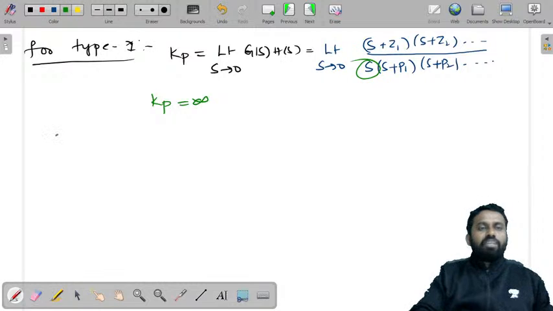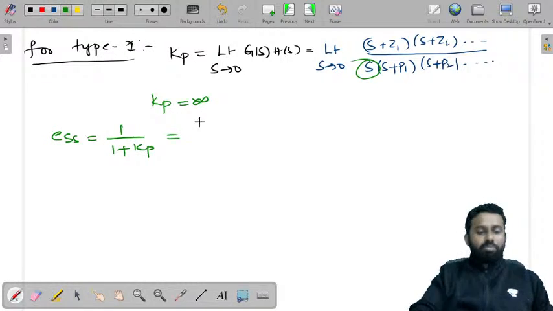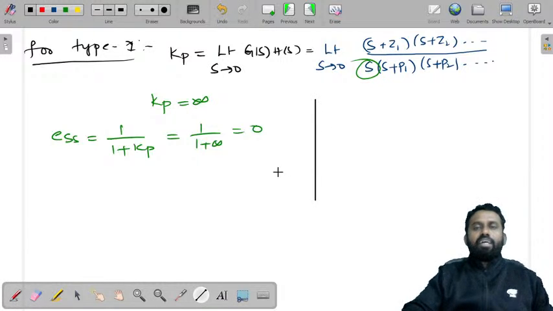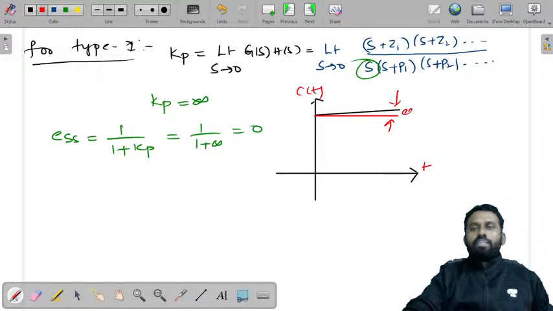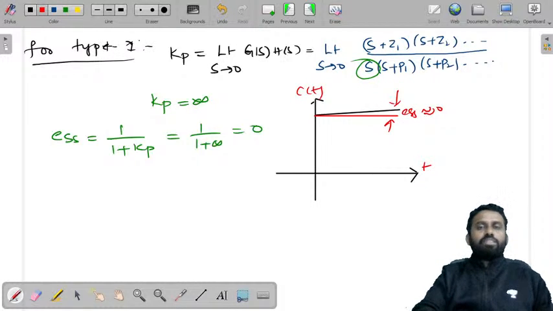When Kp is infinity, ESS is equal to 1 by 1 plus Kp. What is Kp? Positional error constant. 1 by 1 plus infinity will give you 0. It is not practically 0, it is approximately 0. Ideally it is 0. So when you draw a graph for this, you can draw an output which is approximately this. So this is c of t versus t. ESS is approximately 0 for a type 1 system.